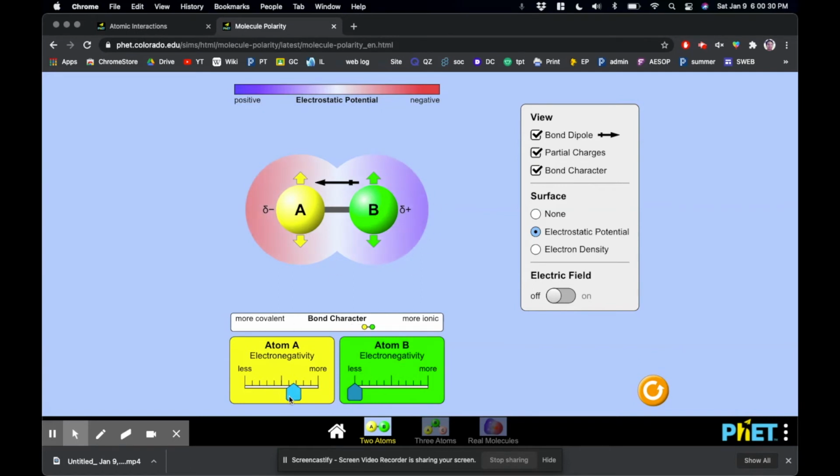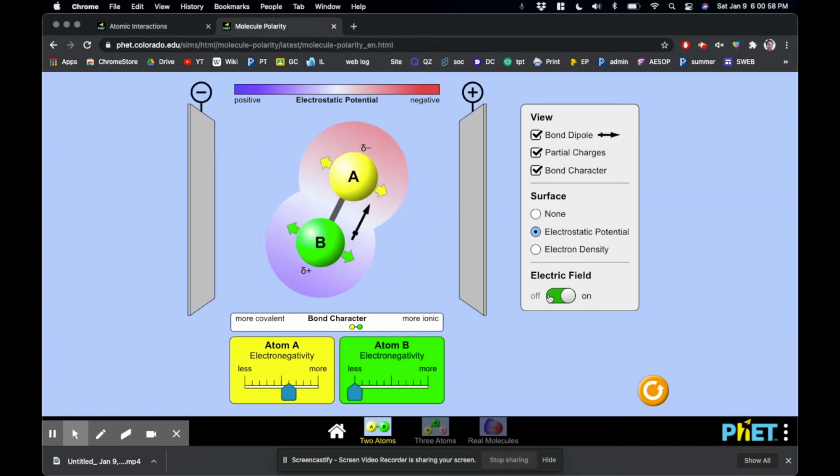This, because it is more electronegative, the yellow one, is going to be more partially negative. And that makes sense, or should make sense to you, because obviously if you are better at sharing and taking electrons from something, then of course the electrons are going to spend more time around you and you're going to be partially negative. Whereas the less electronegative one here is not going to have that ability.